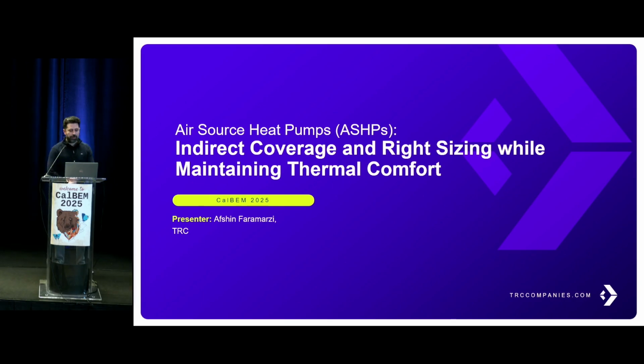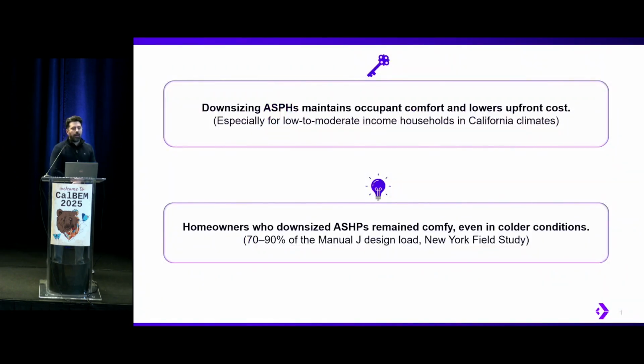Hello everyone, my name is Afshin, and today I'm going to talk about air source heat pump indirect coverage and right sizing while maintaining thermal comfort. The question here is, can upfront cost be reduced by downsizing the air source heat pump or reducing the indoor unit?